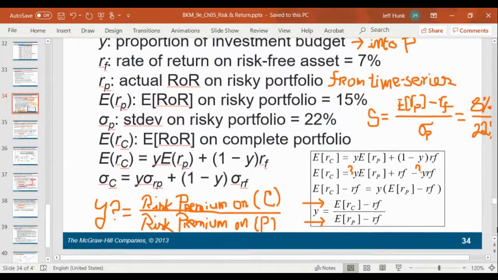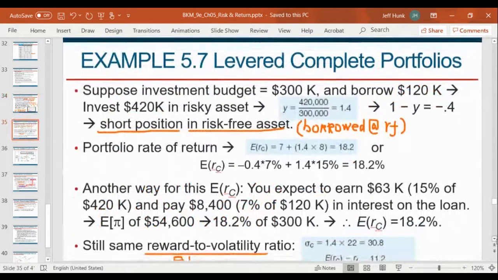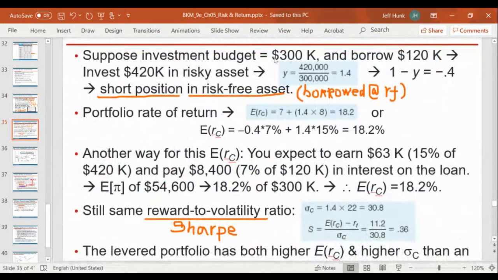Let's take a look at this example. Suppose the investment budget is 300K and you borrow 120K.